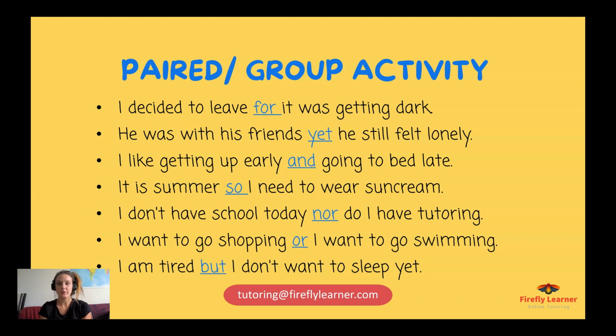I want to go shopping, or I want to go swimming, or being a more positive form of nor. And I am tired, but I don't want to sleep yet. But and yet as a conjunction, yet has got an alternative meaning, which you can see in the bottom sentence, it's the way it's being used there. But yet and but can also be coordinating conjunctions with a similar meaning.